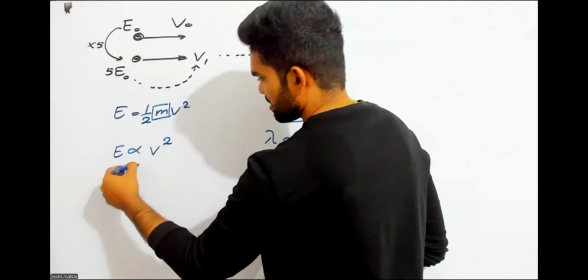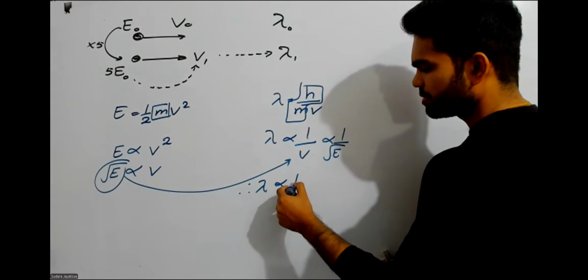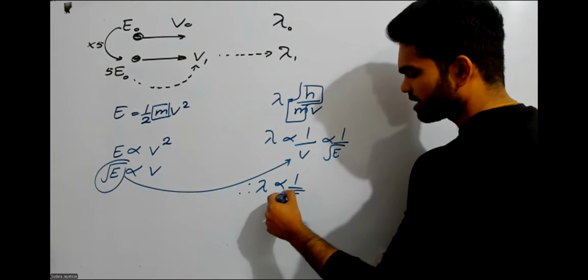Speed will be proportional to the root of the kinetic energy. Then you can put that term here, and finally eliminate the speed, so wavelength is proportional to 1 over the root of the kinetic energy.